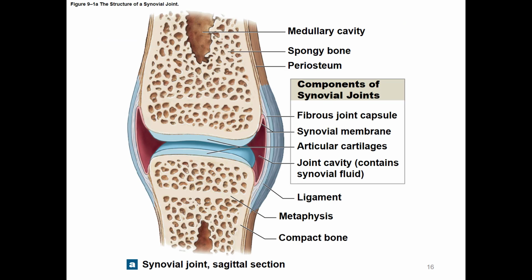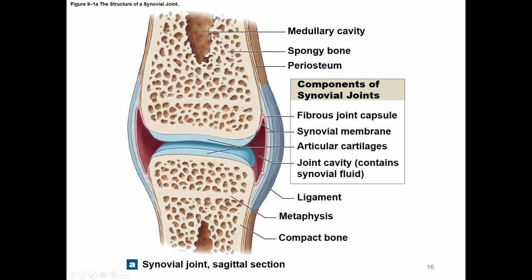Okay, so let's focus in on the parts of a synovial joint because the rest of the chapter is going to focus pretty hard on synovial joints. We're going to see that synovial joints have, again, a joint capsule, which is what this blue area is here, also known as the fibrous capsule. The fibrous capsule is going to be lined with a synovial membrane, which we can see here in red.